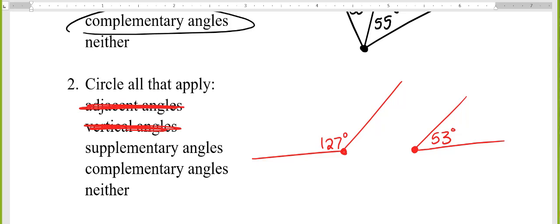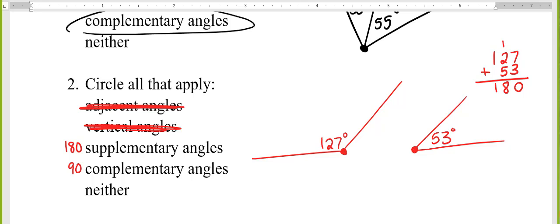Okay, supplementary add up to 180. Complementary add up to 90. So to check those, what do we need to do to those two angle measures? Add them together. Beautiful. 127 plus 53. 10, carry the 1, 5, 6, 7, 8, and 1.